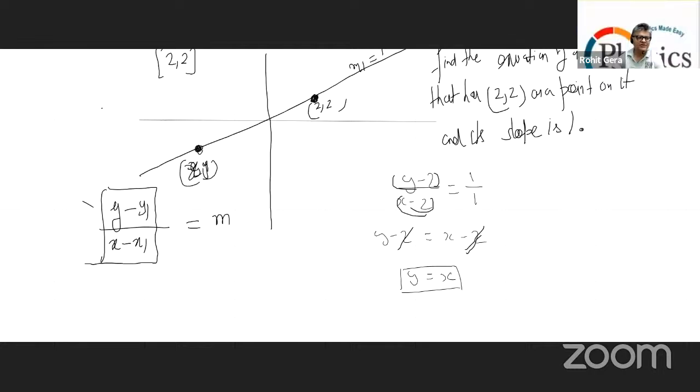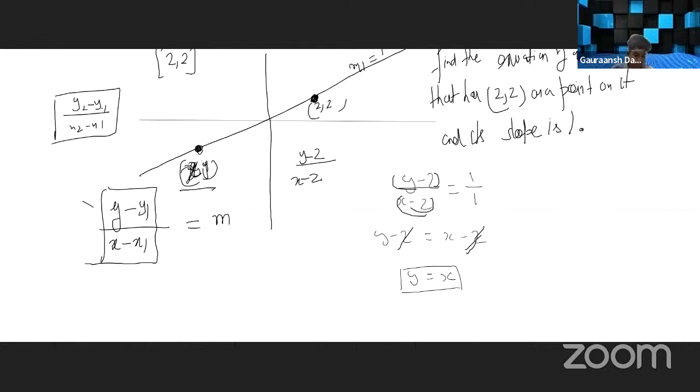One is called x comma y, and you're applying the rule of y2 minus y1 upon x2 minus x1. This is a general point on the line. So you're writing y minus 2 upon x minus 2, your standard gradient formula, and then you know the gradient, so you put it equal to.